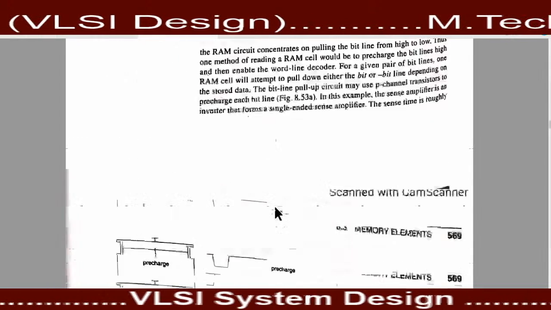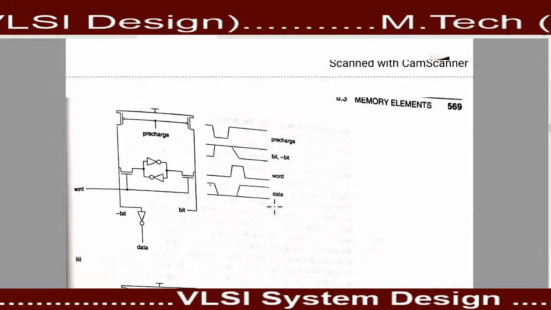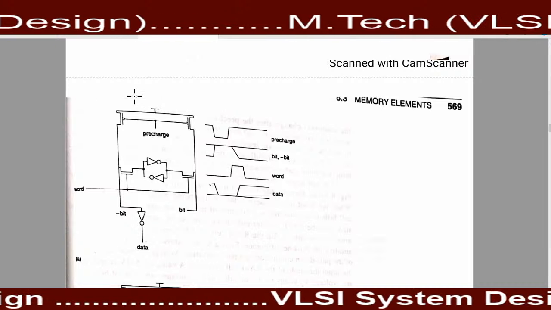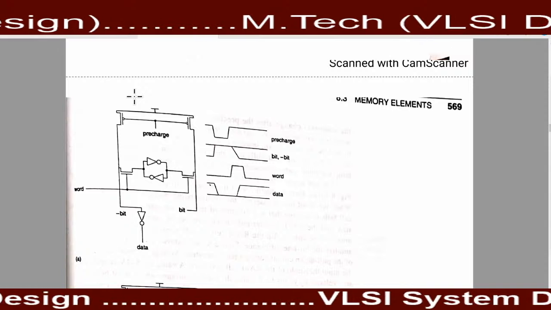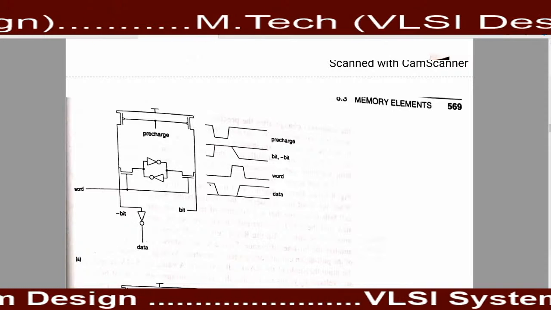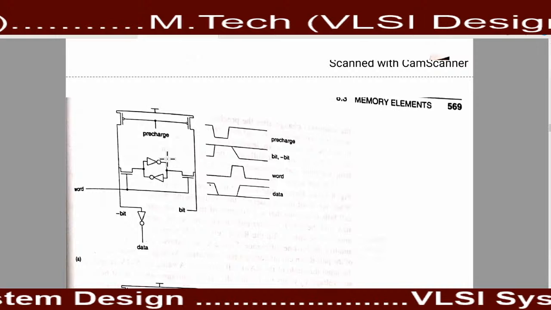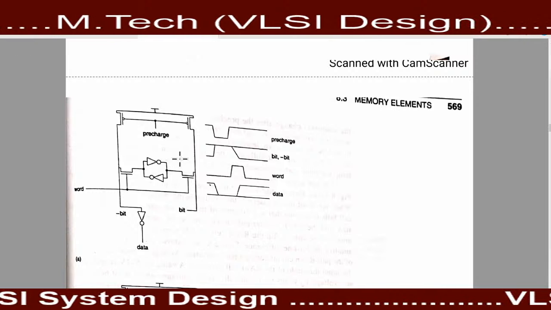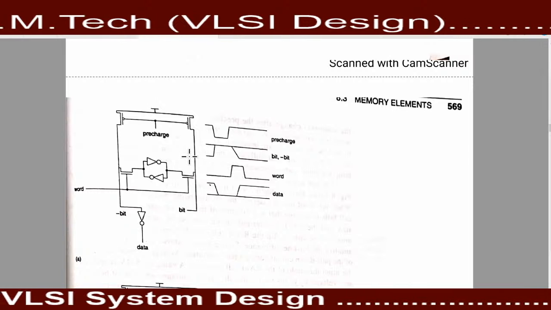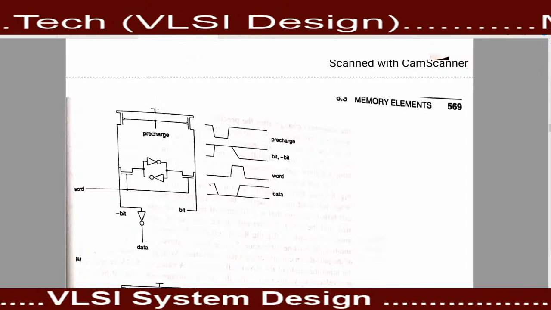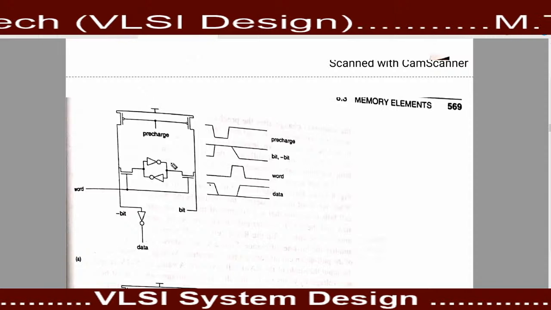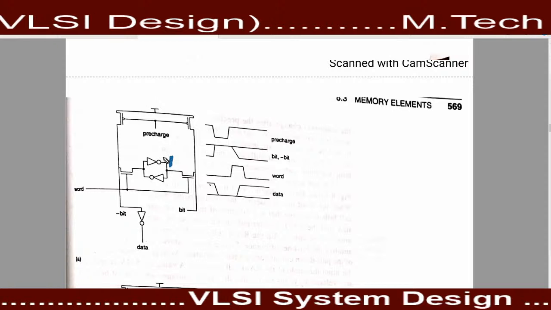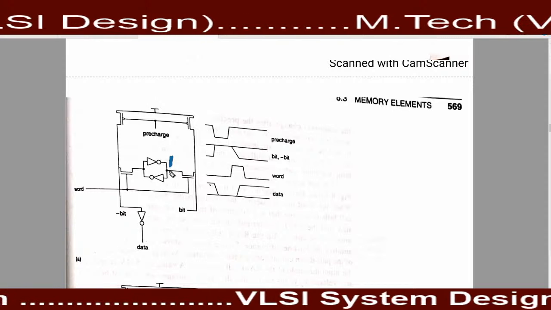Okay, now how is the read operation performed in this SRAM cell, in this random access memory? Suppose I am assuming that one is stored here, one means suppose VDD voltage is stored here.